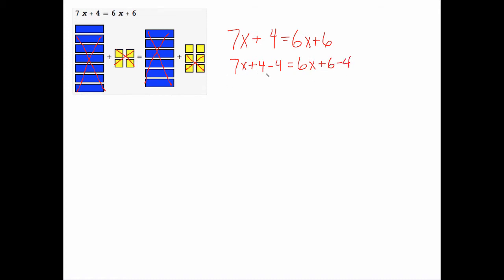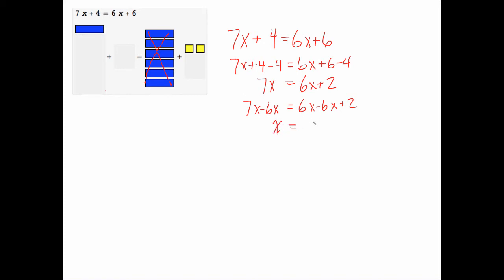And 7x plus 4 minus 4 is just 7x, and this is 6x plus 2. And then we crossed off 6 x's from each side, so that's like subtracting 6x from each side. And 7x minus 6x is just x. 6x minus 6x is 0, plus 2 is 2.